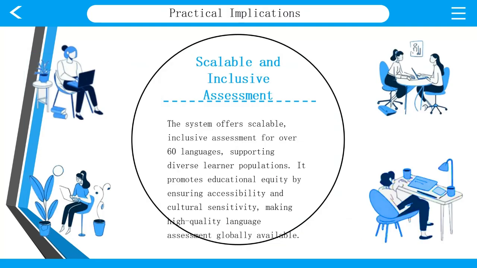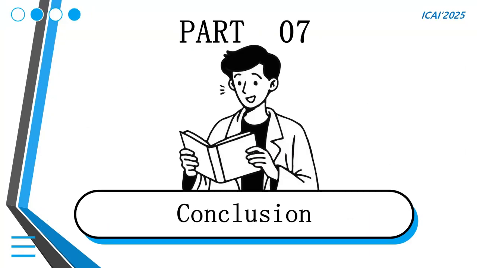And in practice, that means we somehow tried and maybe achieved inclusive assessment by promoting educational equity, by ensuring accessibility and cultural sensitivity, etc.